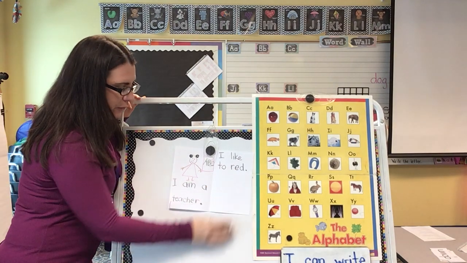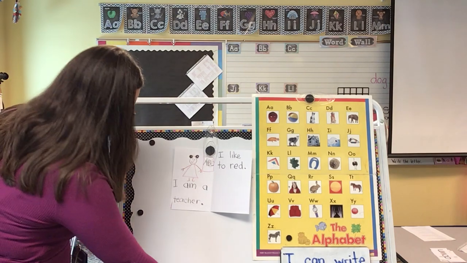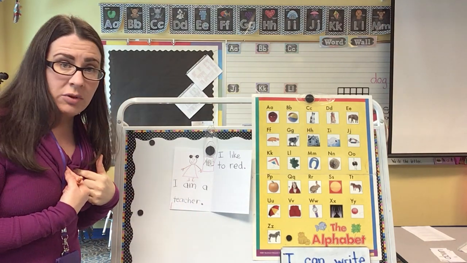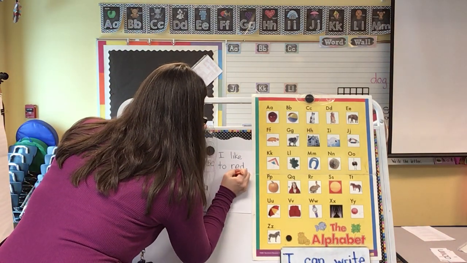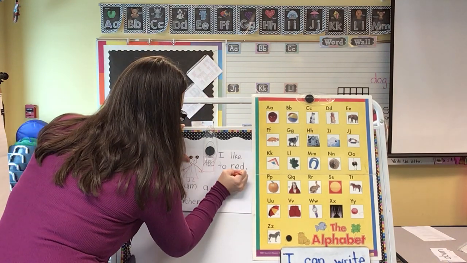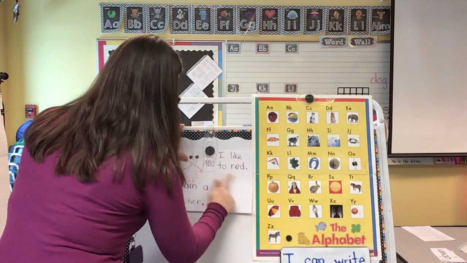And now it's time for my illustration. I made sure to leave enough room for that. Okay, now this is a story about me, so I'm going to be in my illustration. Let me start with my head. Think about what kind of shape it would be. Probably a circle, right? Put my eyes and my mouth on. I might have to darken my eyes.